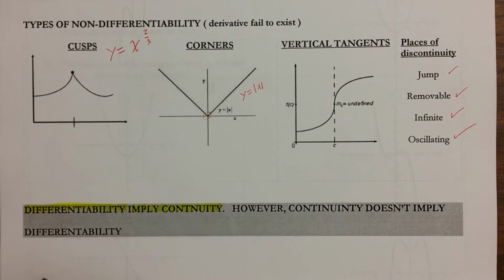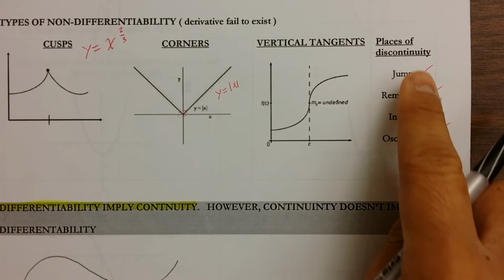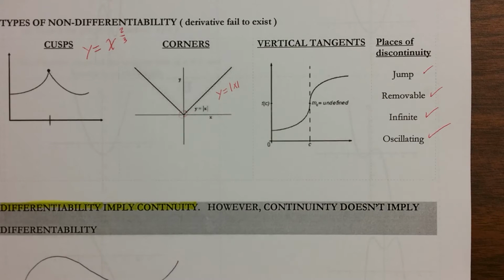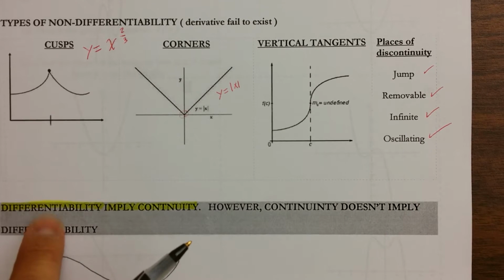Any differentiable function has to be smooth, and it cannot be discontinuous. That's why we say that differentiability implies continuity. There's no sharp turn, and there's no discontinuity in the graph, and that's what makes a function differentiable.